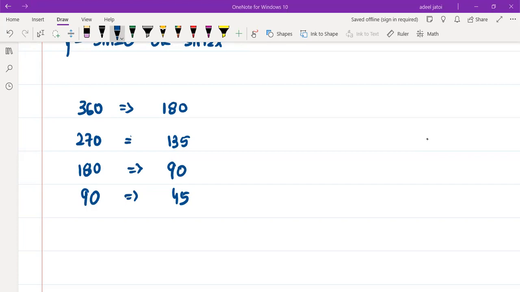So the new values of the first cycle will be: 360 converted to 180, 270 converted to 135, 180 converted to 90, and 90 converted to 45.